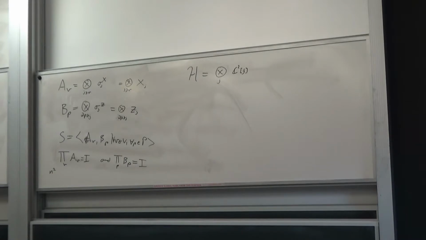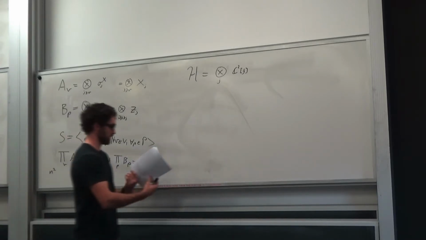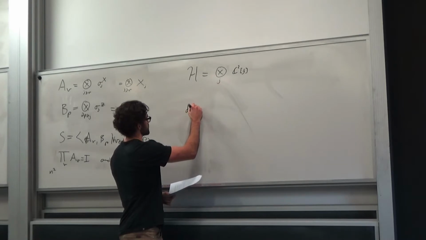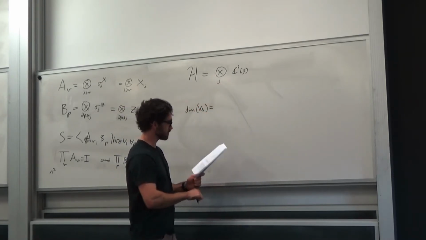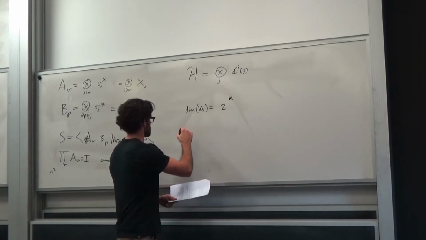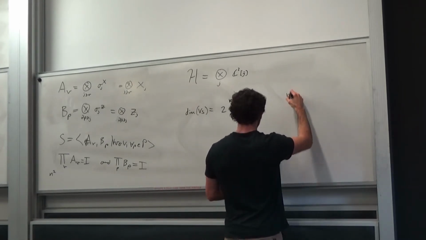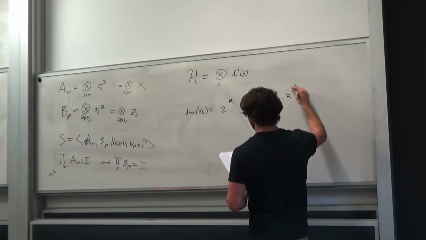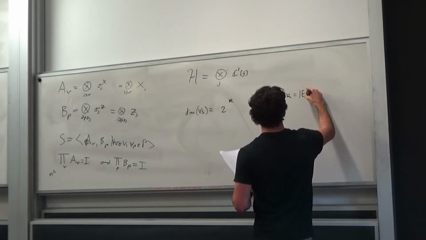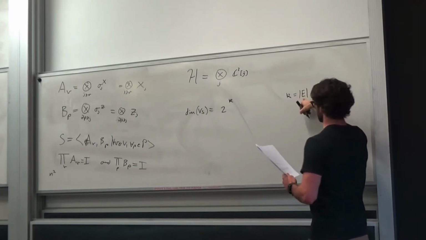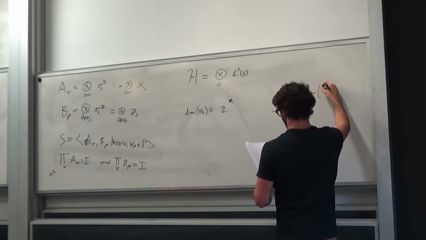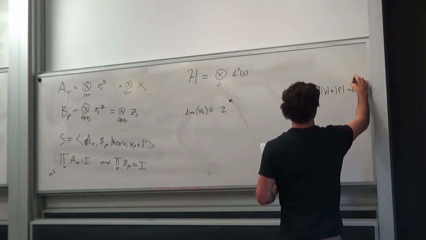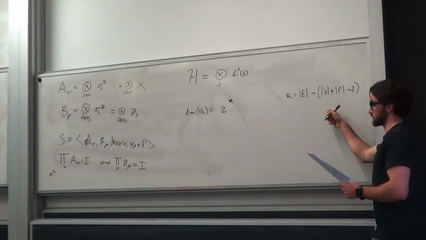I care about this because when we write down the code space, we can write down the dimension independent of the specific lattice. It's in the notes, but if we're talking about the dimension, we had 2 to the k. Here k is the number of physical qubits, which is the size of the edge set, minus the number of independent stabilizer generators.